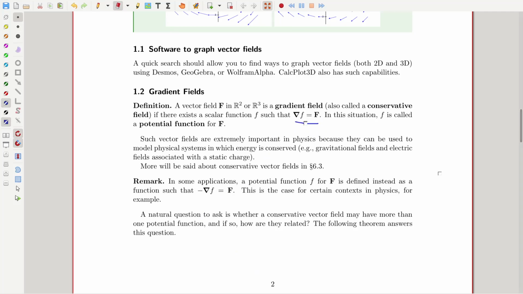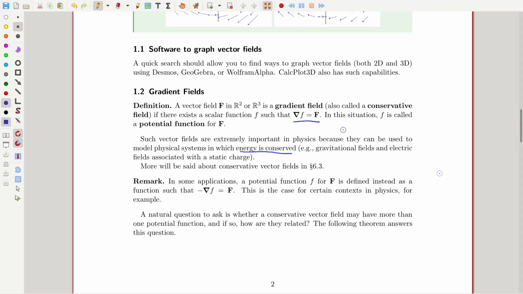So the fact that the vector field F is arising as the gradient of some scalar function little f is one reason why we might call it a gradient field. In physics, these are, I think, more commonly called conservative vector fields, and that's because they conserve a quantity. I believe it's energy that they conserve. Yes, so energy is conserved, is what I wrote here.